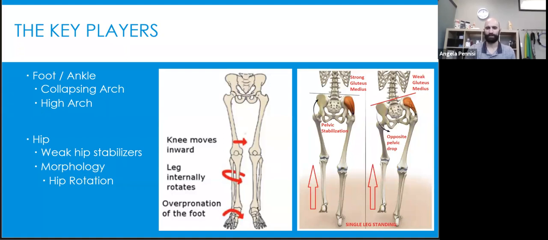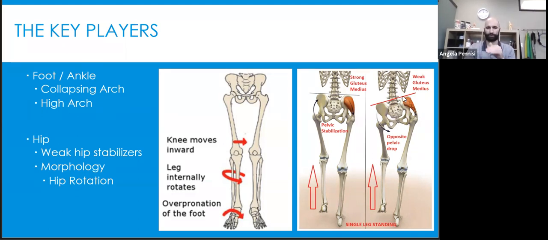In terms of the hip, we talk about a lot of these hip stabilizers, which also control the hinge on that knee, but from the hip up here. On the right, we see an image of someone balancing on one leg, but you could also look at this as if someone were running.